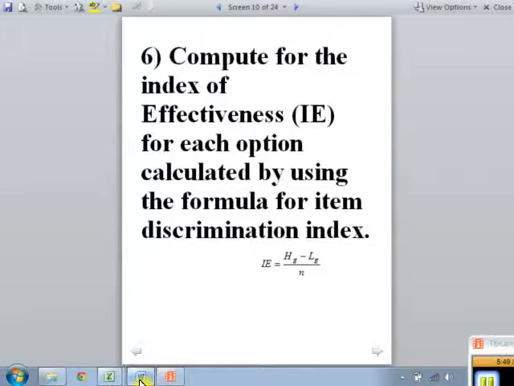So we compute the index of effectiveness. For each answer option, we use the formula: index of effectiveness equals high group minus low group divided by small m, the number of students in the criterion group and not in the entire test. Does it look familiar?